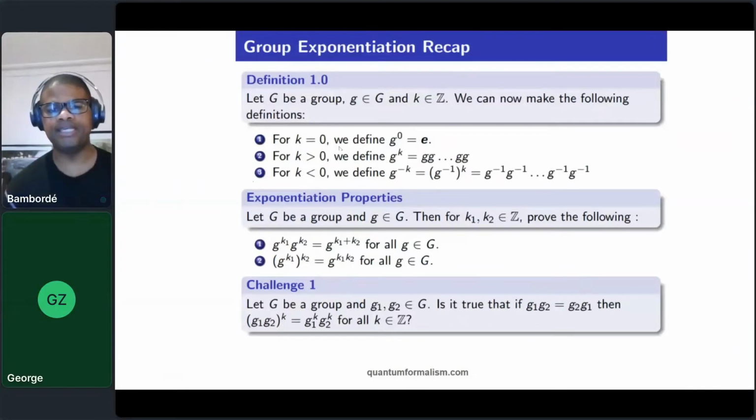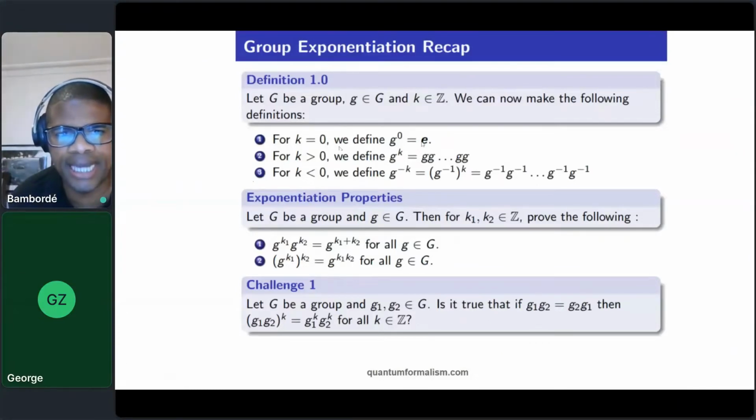This bold E is the identity of the group. This is the convention we are using here. By the way, if you pick any book on group theory, they might use the symbol 1, so this is just convention. Because we are working in the abstract, we are using E as the identity. That's the definition for the case when k equals 0.